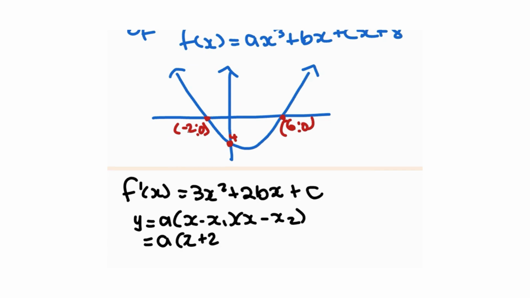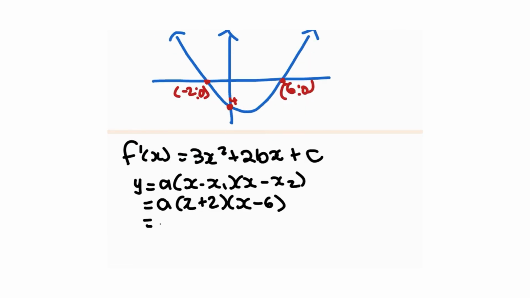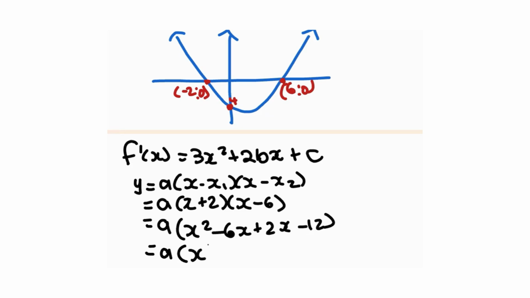And remember, if you take it directly from the graph, when it gets in the bracket, it must change. If it's negative, it becomes positive. x minus 6, and if we FOIL that, we have x squared minus 6x plus 2x minus 12, which is x squared minus 4x minus 12. That is your y.